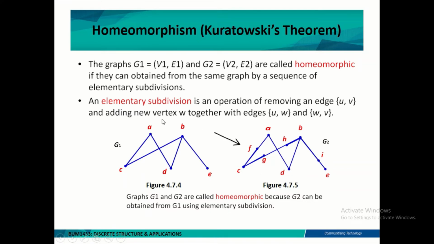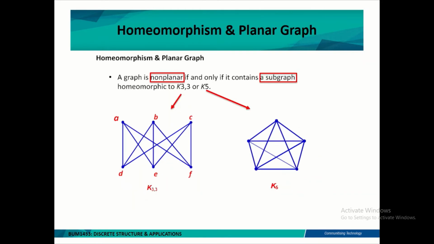That's it. So homomorphism is just simple like that. We just add the new vertex or vertices to the graph without changing the shape, then this is homomorphism. Alright, let's see the homomorphism and the planar graph. A graph is said to be non-planar if and only if it contains a subgraph homomorphic to K33 or K5.